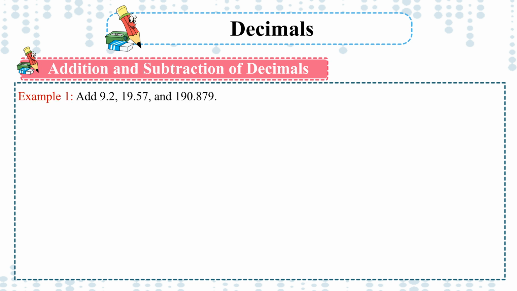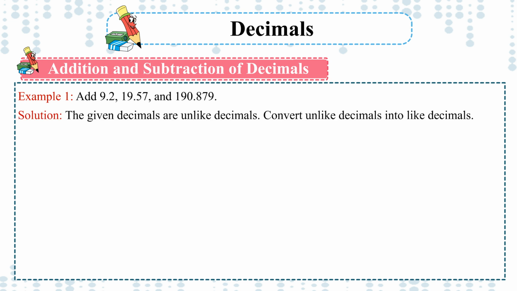Example 1. Add 9.2, 19.57 and 190.879. Solution. The given decimals are unlike decimals.